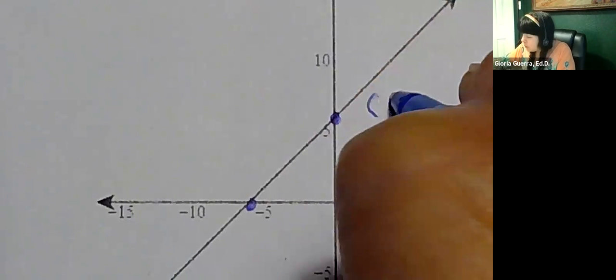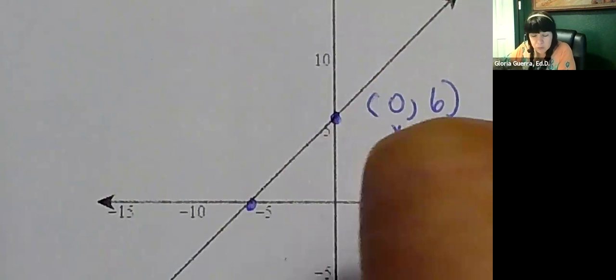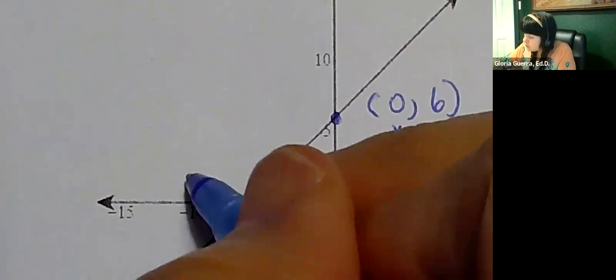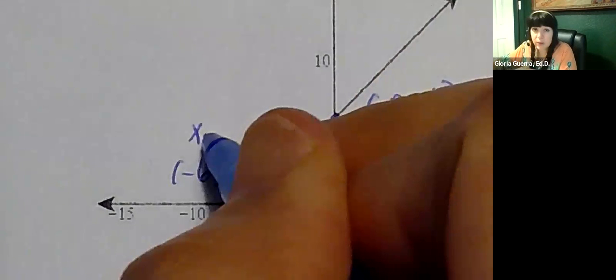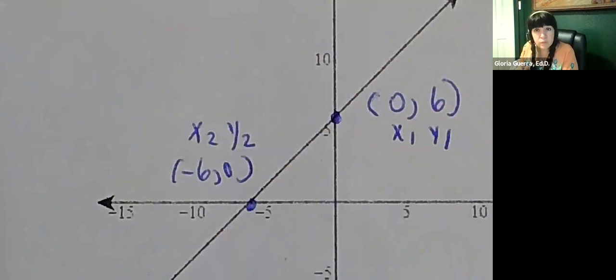And this one would be (0, 6), and I'll call that x1, y1. And this one would be (-6, 0), and I'll call that x2, y2. Okay. You could probably see that better on your graph because mine is a copy of a copy, but yours is from your workbook.